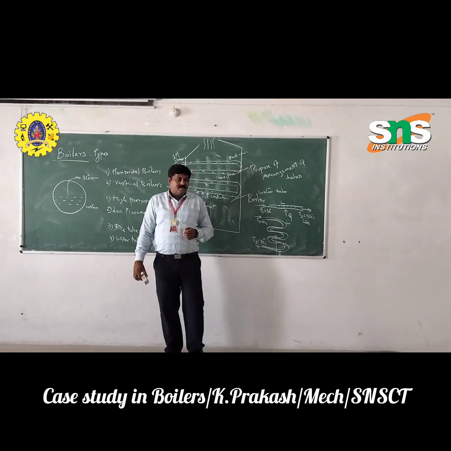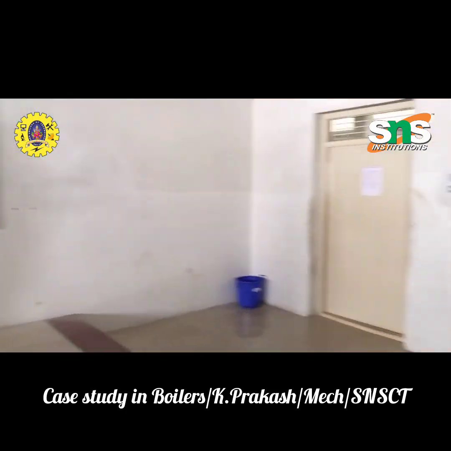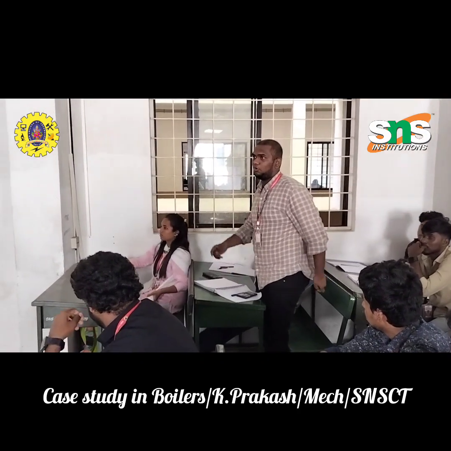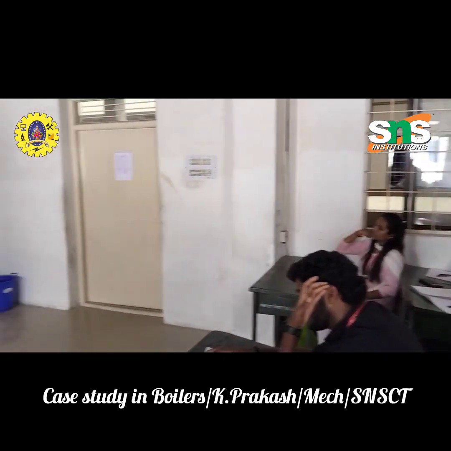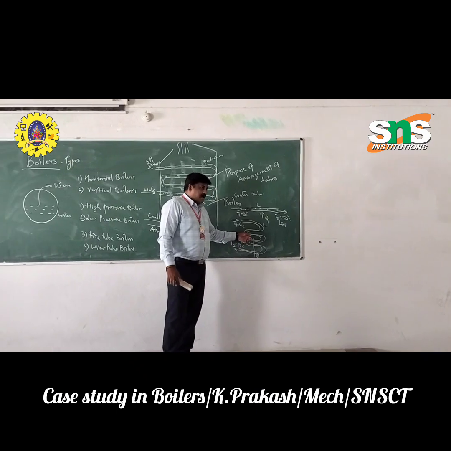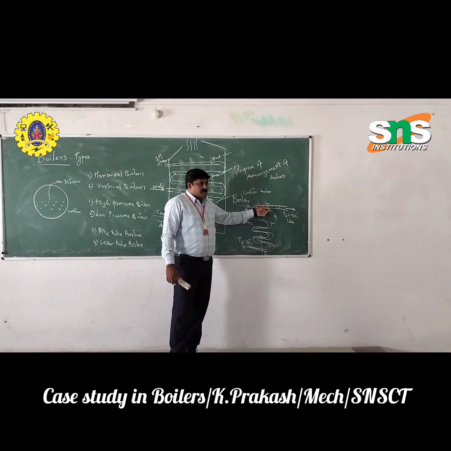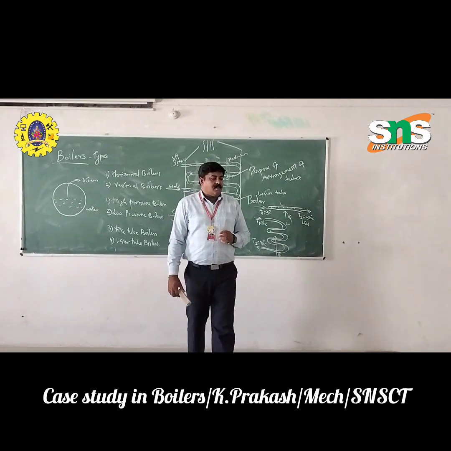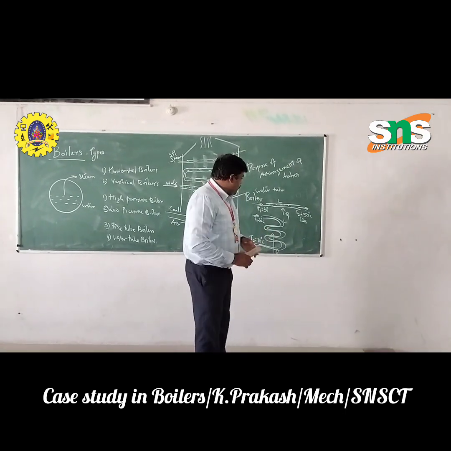Why? Because of the flow of water. The flowing time will be more here, and less there. If the time is more, we are giving more time to contact with the fluid gases.